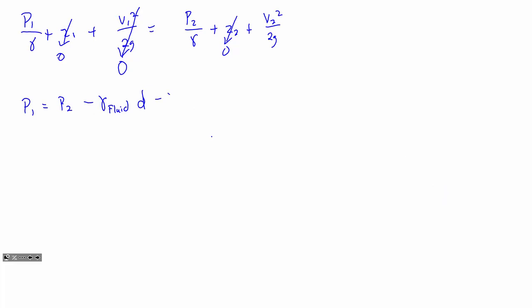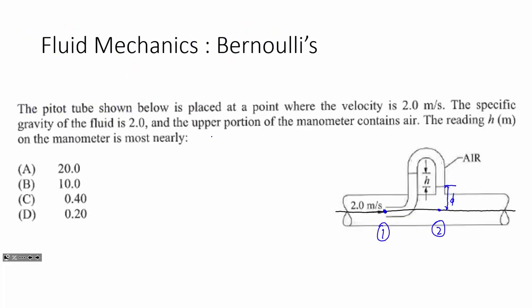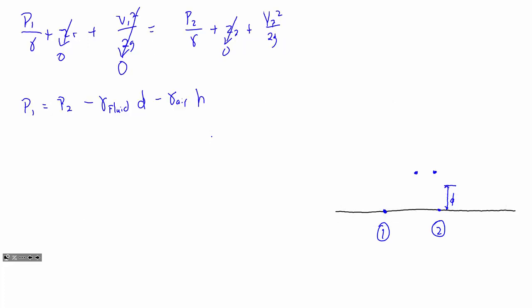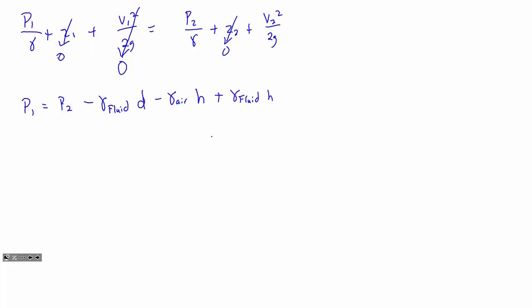And we subtract gamma of air times H, and we can use the fact that for that static fluid in the manometer here, the pressure at this point will be the same as the pressure at this point, so we can move over there in our manometer, and then we can say plus gamma of the fluid times H plus gamma of the fluid times d.